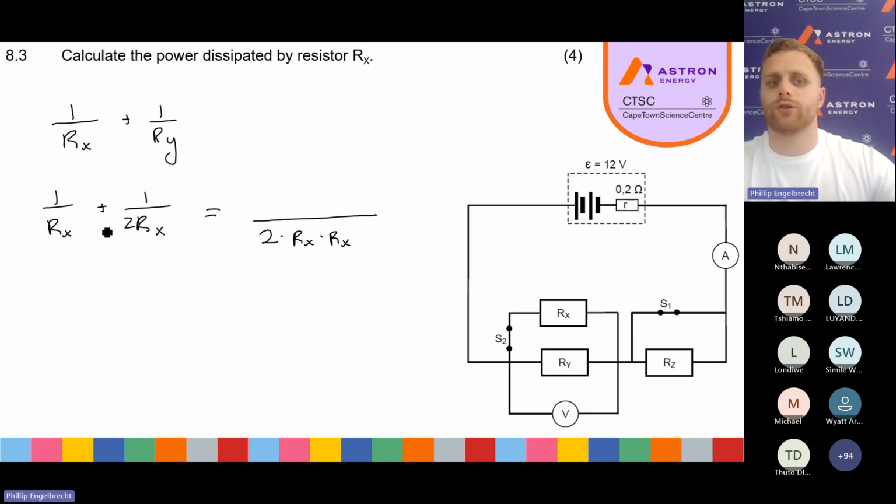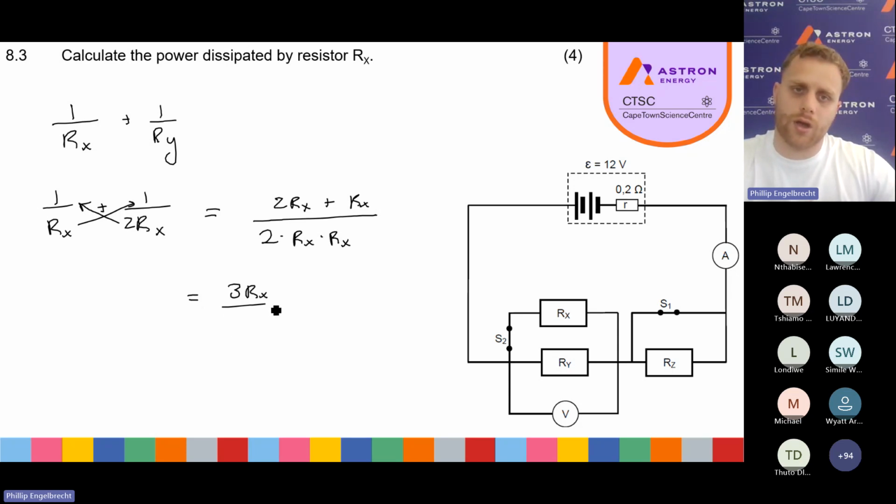Now what you do is this multiplied by that becomes 2Rx, and Rx multiplied by 1 becomes plus Rx. So that becomes 3Rx over 2Rx squared, and that was 1 over R parallel.